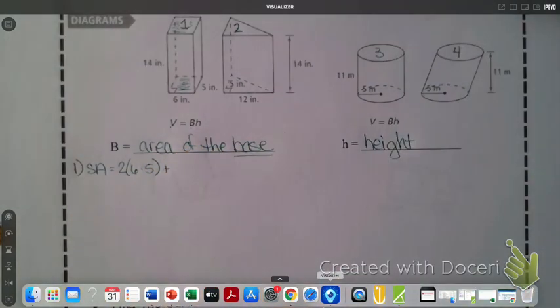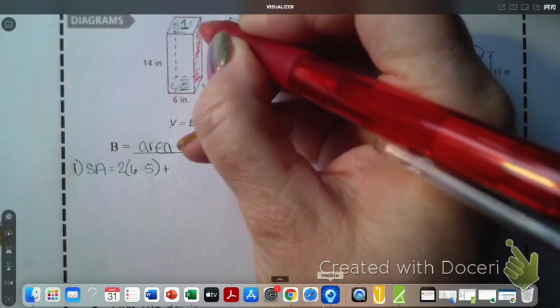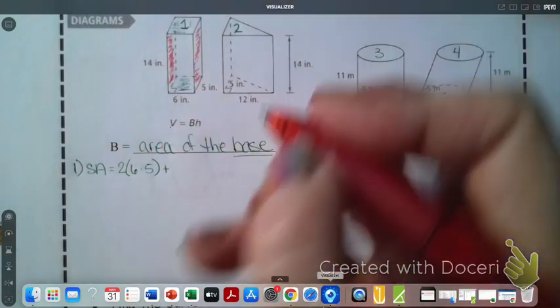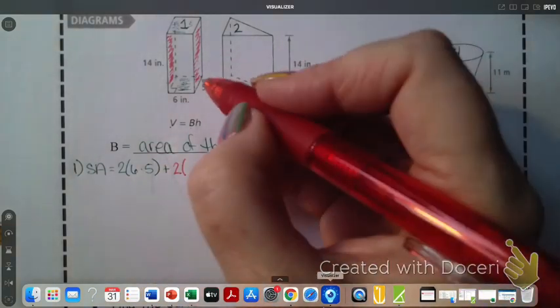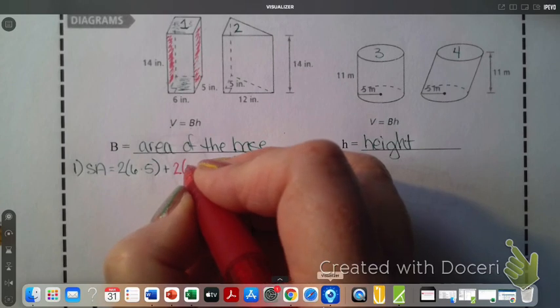Plus, and I'm going to do this one in a different color, so hopefully it helps. I've got a side piece. Is there another one over here? Yeah. 2 of those. And what is the length of it? 5. And the height is 14.